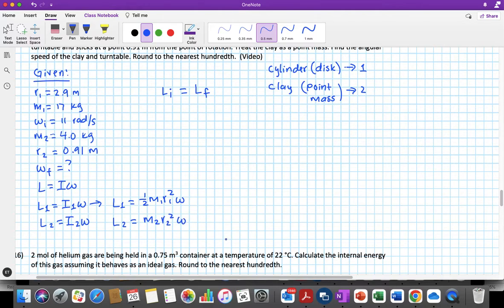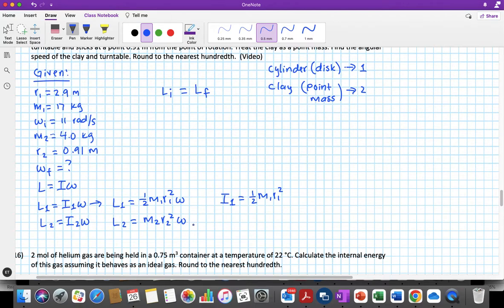This is general, okay? Now I'm going to focus on the moment of inertia for each. So the moment of inertia for the cylinder is this part without omega, 1/2 m1 r1 squared. The reason I want to focus on it is that I know the radius of the cylinder is not changing, nor is the distance at which the clay is positioned, right?